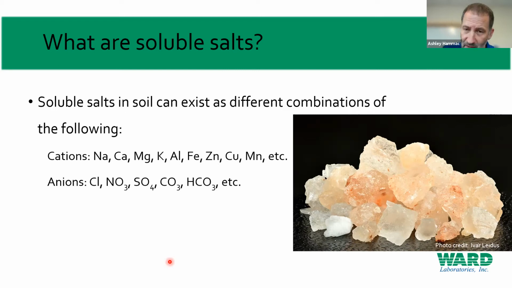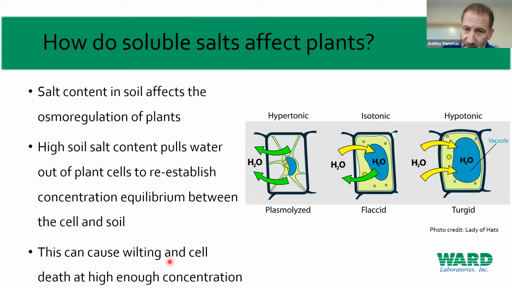So when it comes to how it affects the osmoregulation of plants, when there's excess salt in the soil, the plant responds by trying to equilibrate that difference in salt concentration. So the plant has a low salt concentration inside the cell, and there's a high concentration in the soil solution.